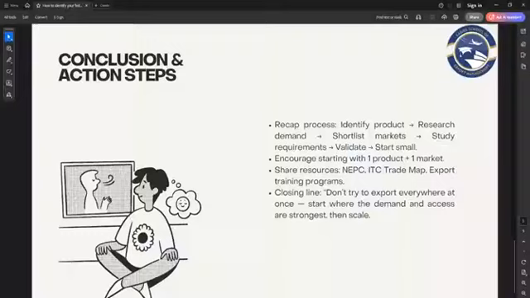So if you really want to go far, it's good you sign up for this kind of mentorship program. It's 3 months, and you can be sure that by the end of it, you will be an expert in the business of exporting.